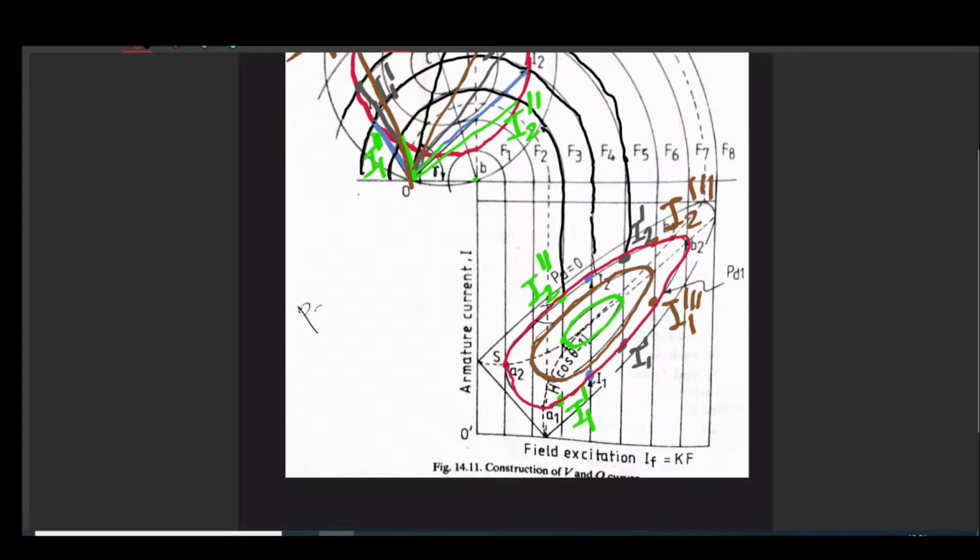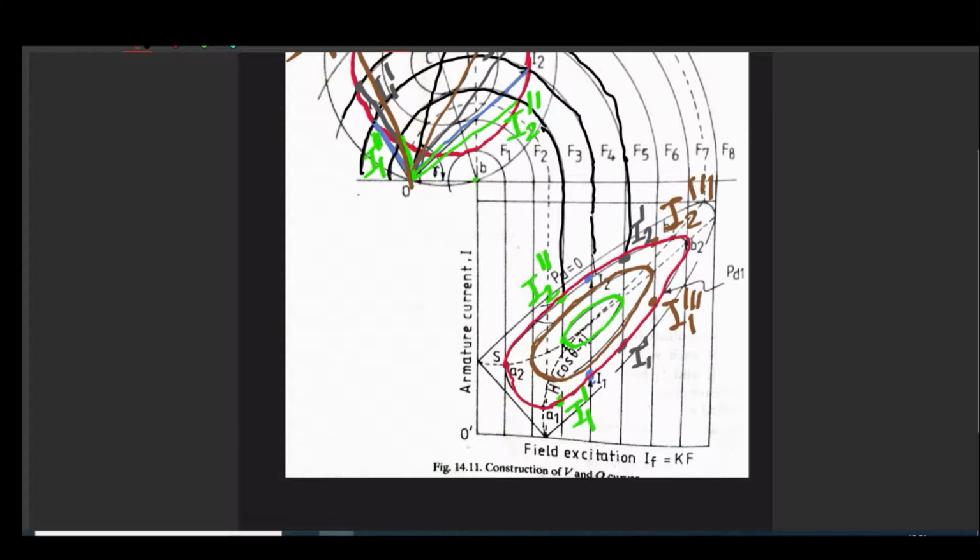What I am trying to say is, P is equal to V I cos theta. V is constant. If we keep P constant, then making cos theta equal to 1 will ensure I is minimum, right? For a constant P, if we make cos theta equal to 1, then I will become minimum.